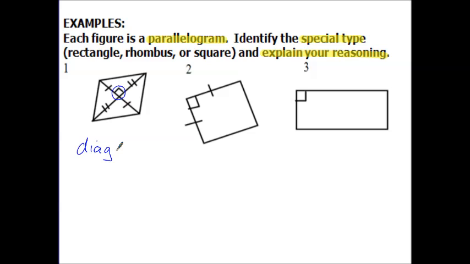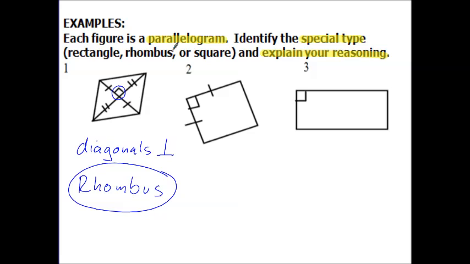Let's put this down. And if you look back at your list of properties, or you have them memorized already, then you remember that a polygon where diagonals are perpendicular is a rhombus. So this has to be a rhombus.